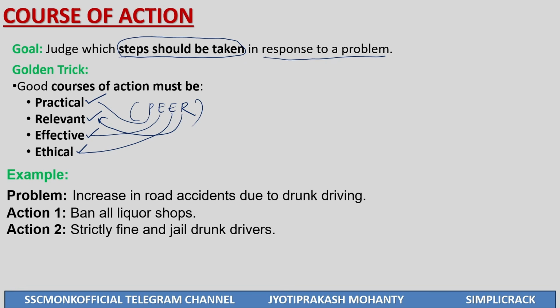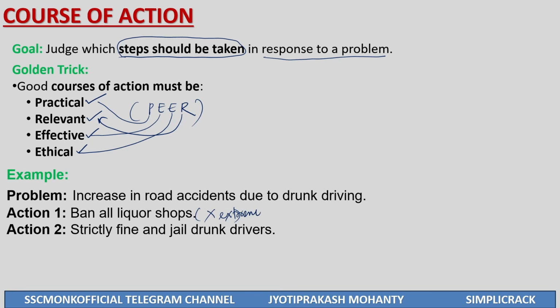Now let's see this example. Increase in road accidents due to drunk driving. Drunk driving is causing accidents. Now, the first action is to ban all liquor shops. Is this practical? No, because this is too extreme.